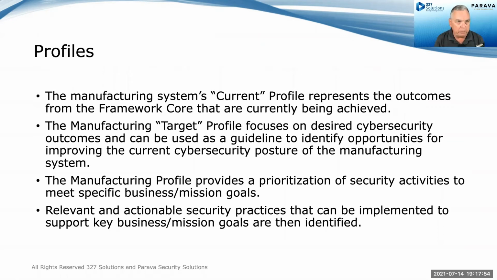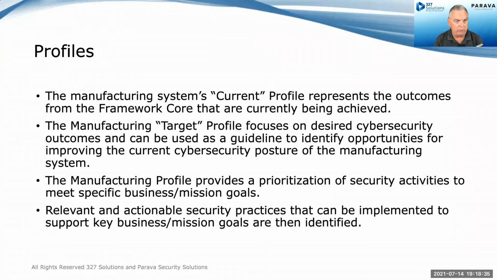There are a couple of different perspectives. You're going to be looking at a current profile, which is the outcomes from the framework core that you are currently achieving. You can establish a target profile based on contract requirements that will focus on a desired security outcome that can be used as a selling point and as an opportunity to not only improve the current cybersecurity posture of a given manufacturing system, but to also present yourself as an organization heavily focused on cybersecurity in the manufacture of products and services.